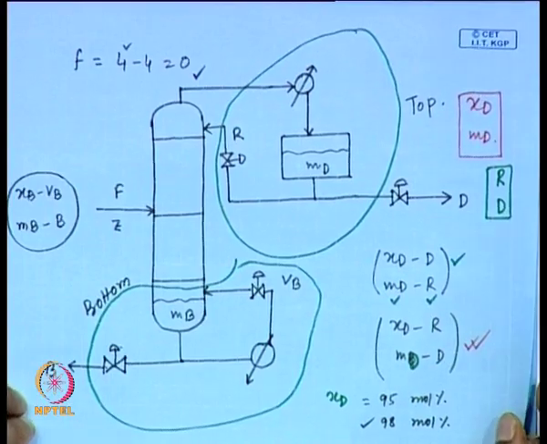Fine, this is all about the mathematical modeling and degrees of freedom analysis of a distillation column. Next, we will try to know in brief the Laplace transforms. I hope you have studied this in your basic mathematics course.